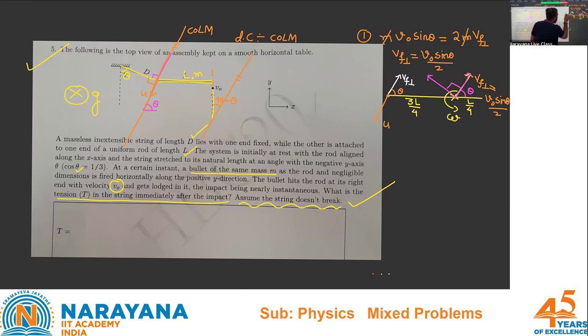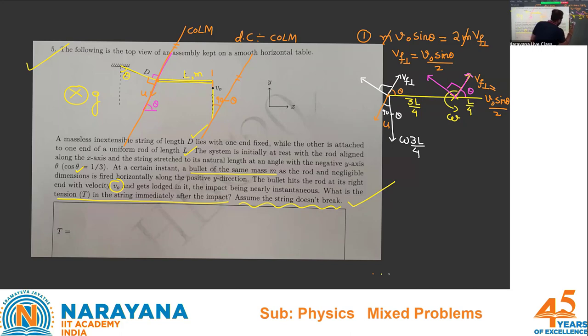I'll have the second term, and I'll have the third term here, which is omega into 3L by 4. Right? So very clearly, the second term which we are expecting here and the angles. So this was 90 minus theta.